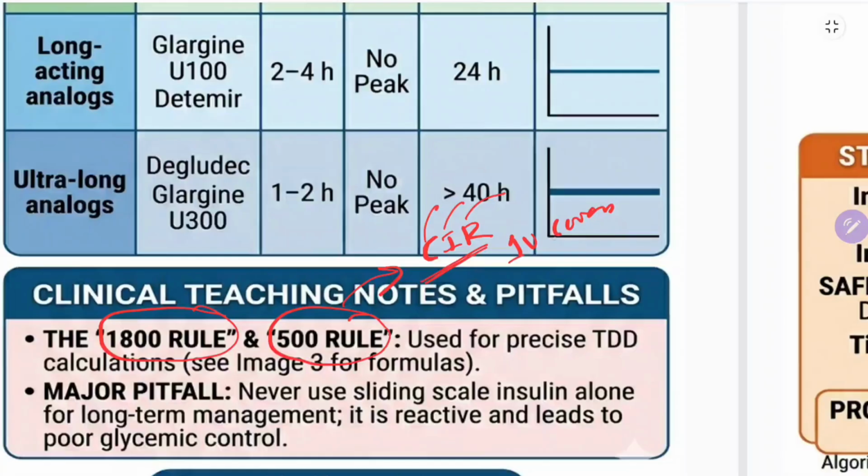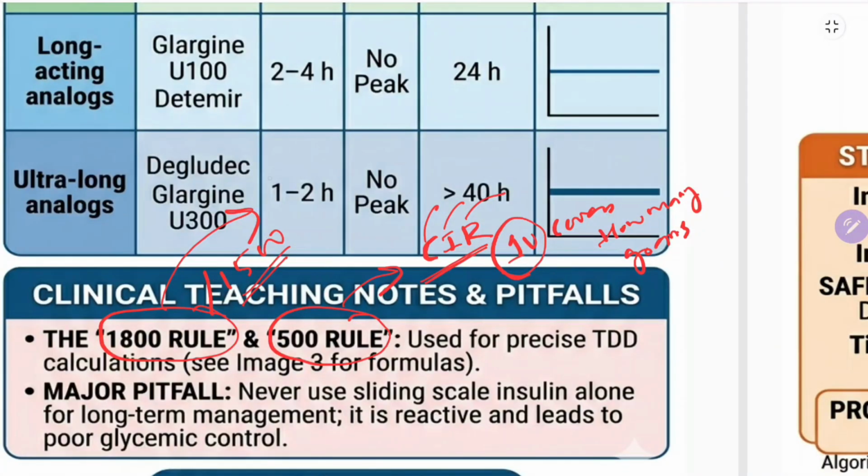CIR says 1 unit of insulin covers how many grams of carbohydrate consumed by the patient. And the 1800 rule, it has 1500 also in some cases, depending upon the type of insulin you use.